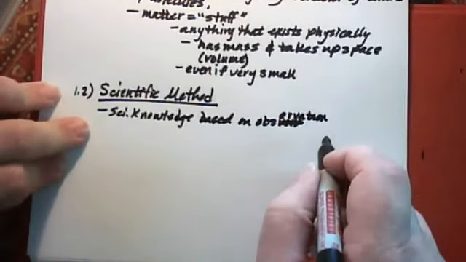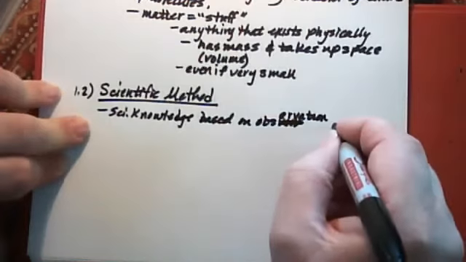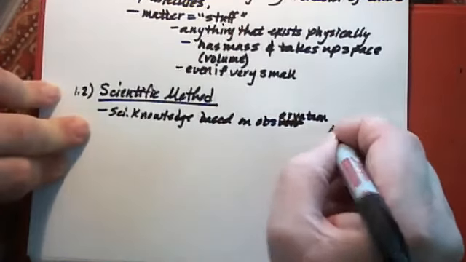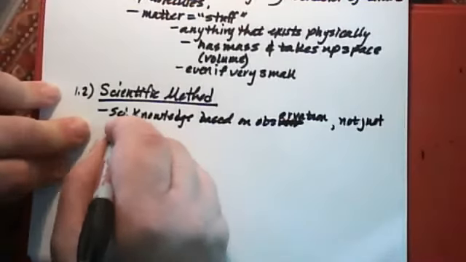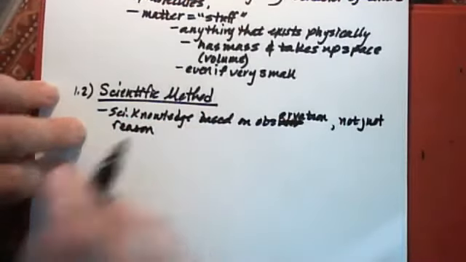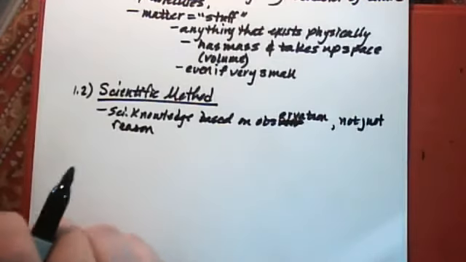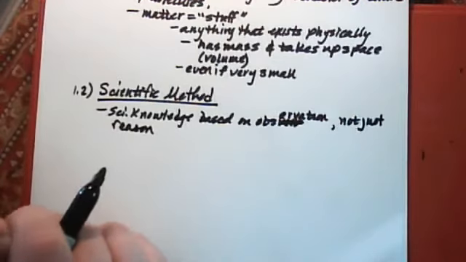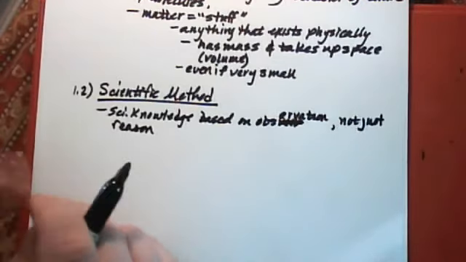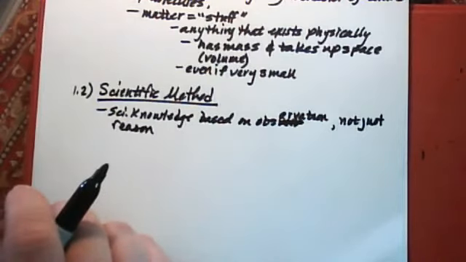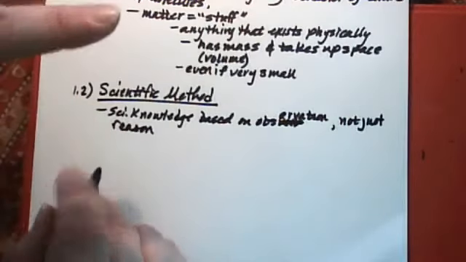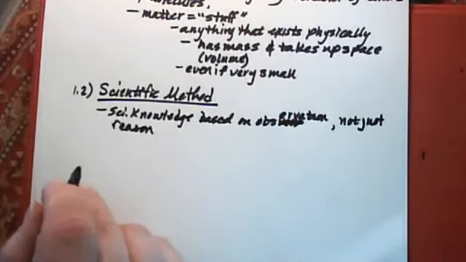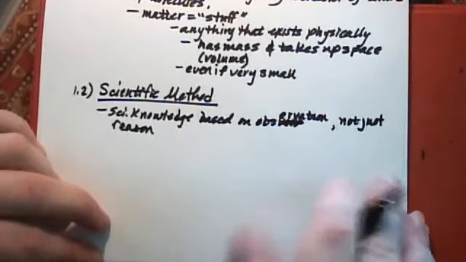Scientific knowledge is based on observation and experiment, but especially observation. Not just reason. There is a certain amount of reason involved in science, of course, but the primary focus is on observing what happens, and then reason can be used in figuring out why certain things happen. But the primary thing is observation.